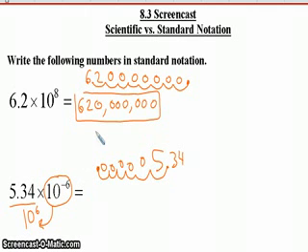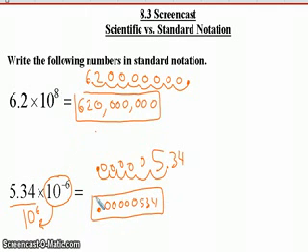I usually don't, as you've noticed. So the final answer here is 0.000000534. We moved the decimal place 6 times to the left. This is what you're going to see happen: positive exponents make your number bigger, moving the decimal to the right, and negative exponents make your number smaller, taking that decimal to the left.